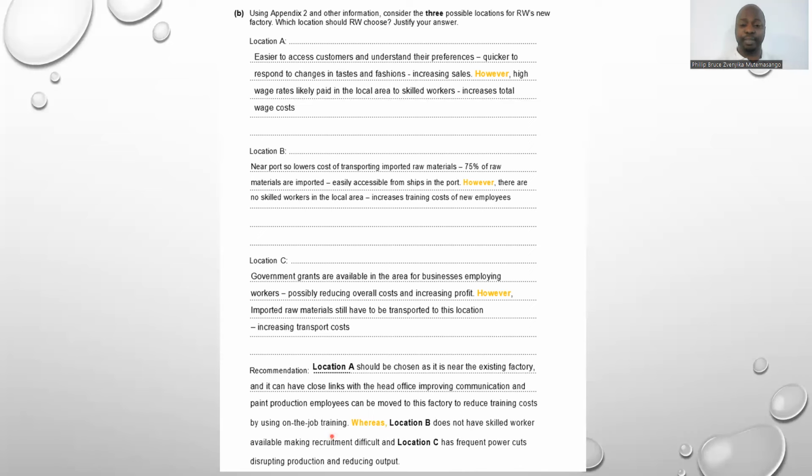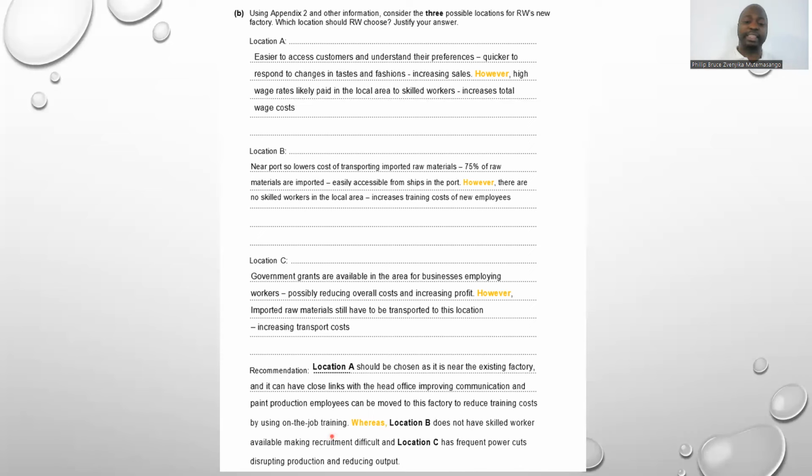Whereas location B does not have skilled workers available, making recruitment difficult. So this is a drawback to the business. They will incur a lot of costs and they may not find people who are good enough to produce in their business. And location C has frequent power cuts.